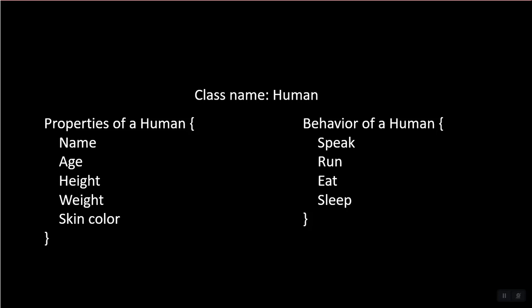Now, we have created a human class. And in our example, we define what are the properties and behaviors of it in order to call it a human. Now, let's create an instance of human, and it would be represented by an object.